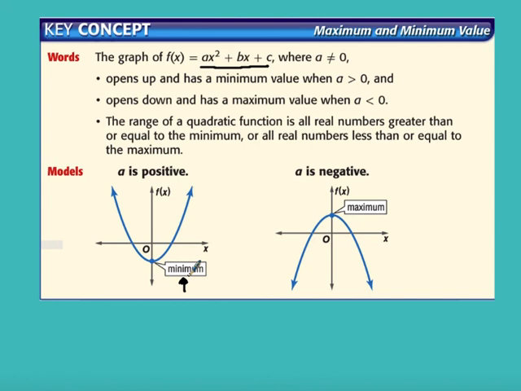However, when a is less than 0, or when a is negative, that means that my graph is going to have a maximum, and it's going to open down because it's going to flip my parabola. So you would get your range of values depending on whether you had a minimum or a maximum value in your parabola.